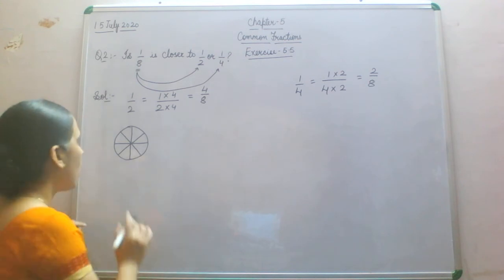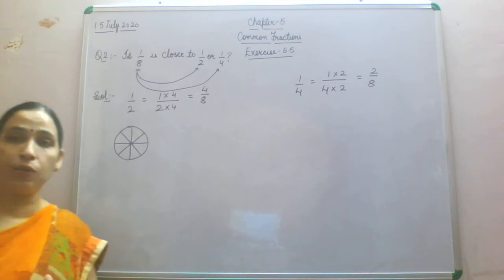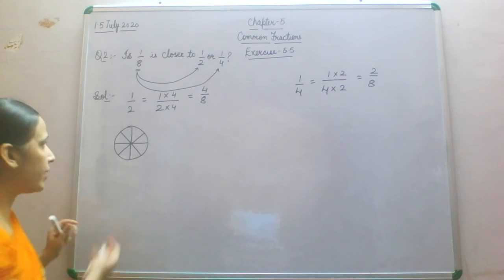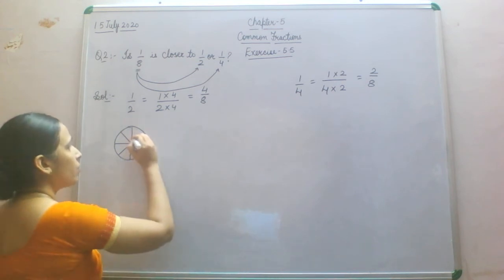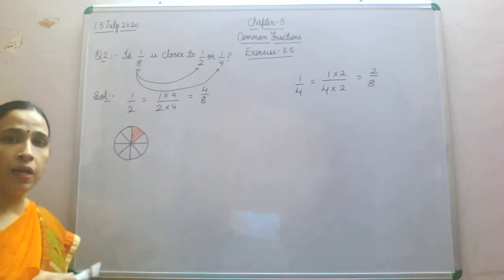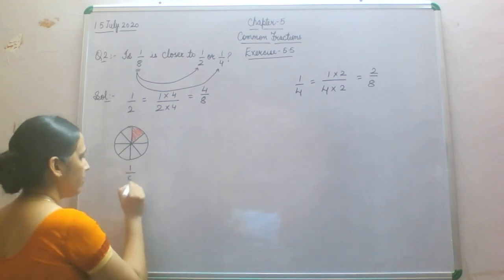Now how will we represent 1 by 8? By shading one part. So I have shaded one part here. Here I have represented 1 by 8.